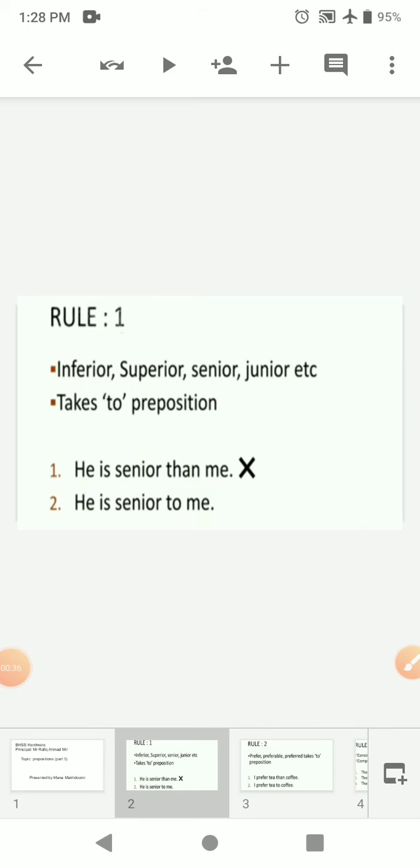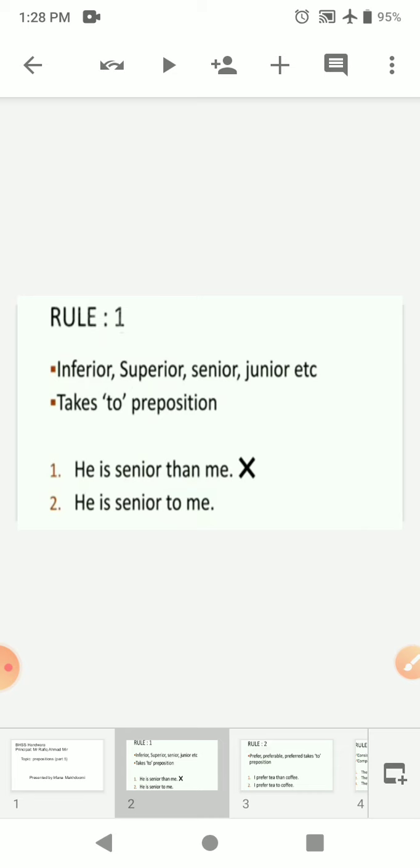Rule number 1: we have words like inferior, superior, senior, junior. Whenever we have these words in a sentence, they take the preposition to.